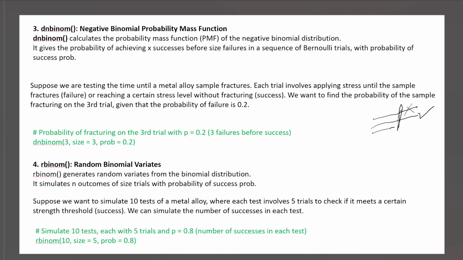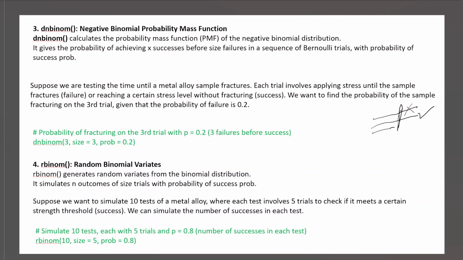So the probability of fracturing on the third trial, where there are three failures before success, is given by dnbinom. So 3 is the number of successes here, meaning failures, and we are taking size, meaning number of trials, as 3. The probability of failure is 0.2.